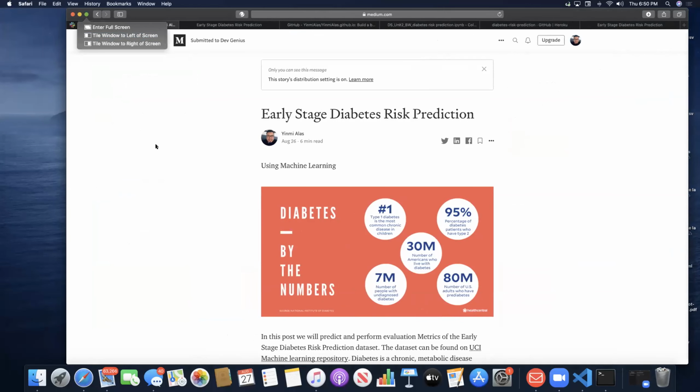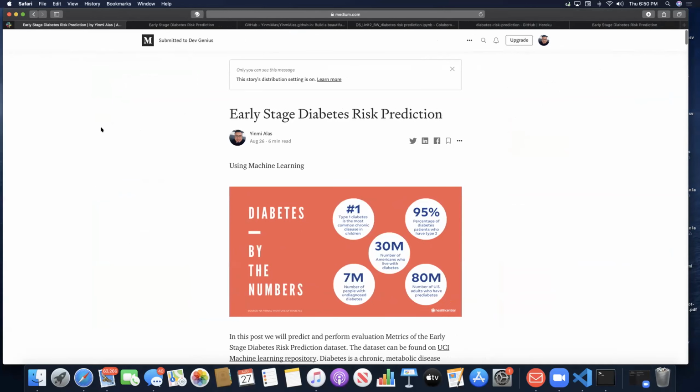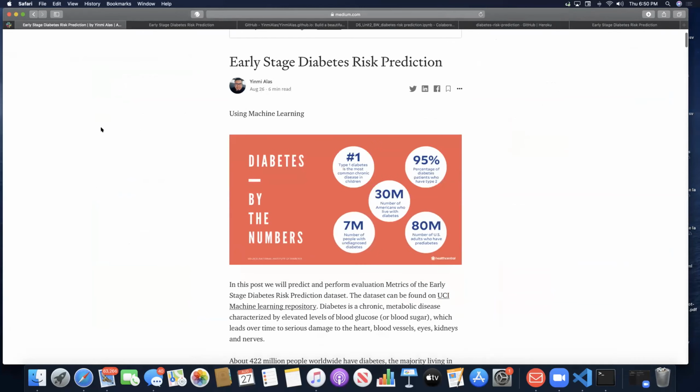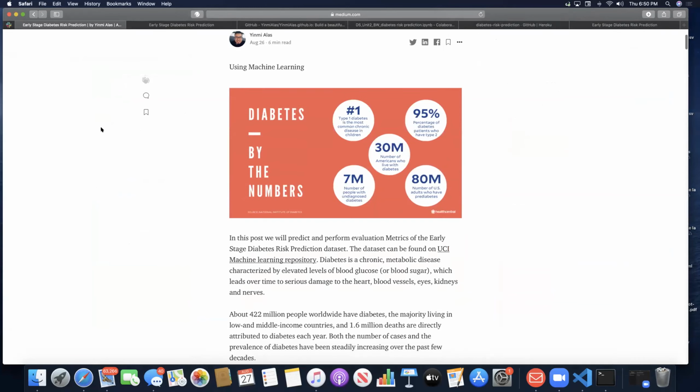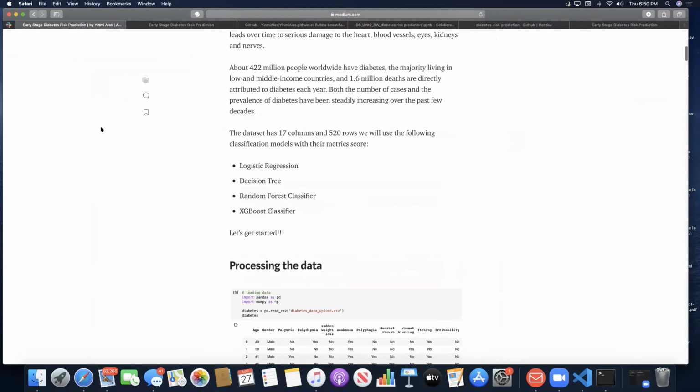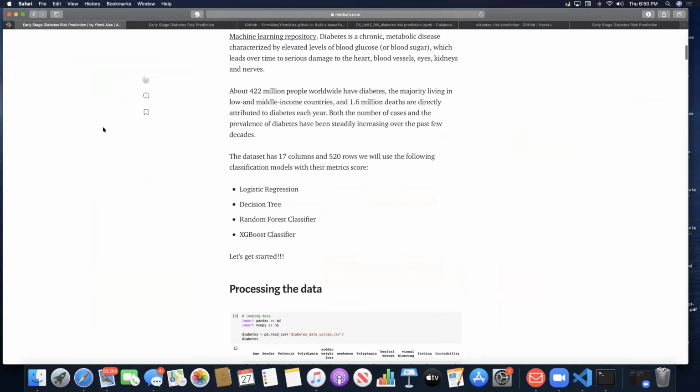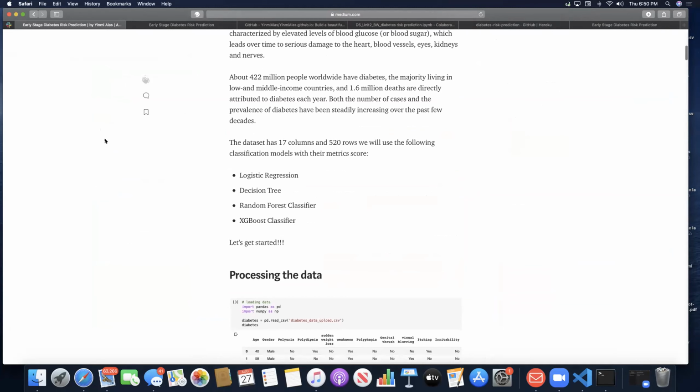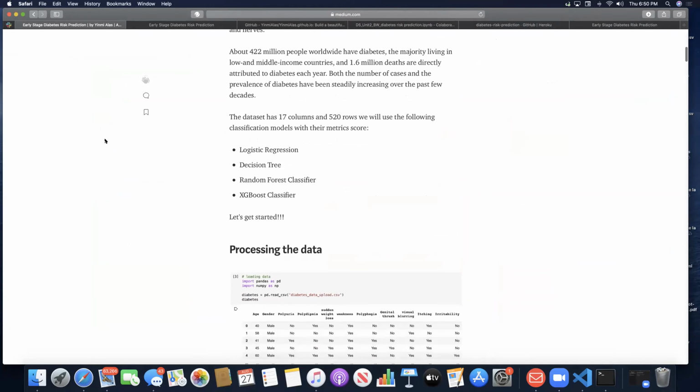All right, how you doing, guys? So I will talk about early stage diabetes risk. This data set can be found in the UCI machine learning repository, and about 422 million people worldwide have diabetes, and 1.6 million die already.